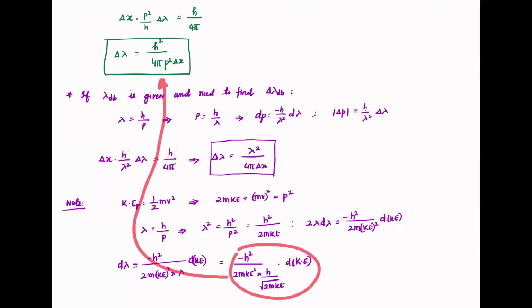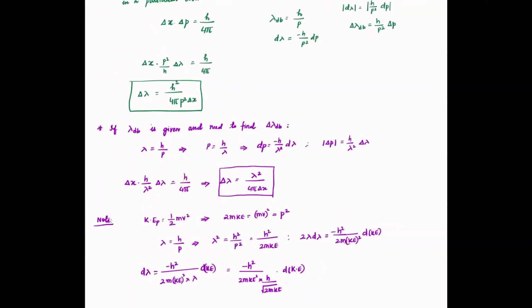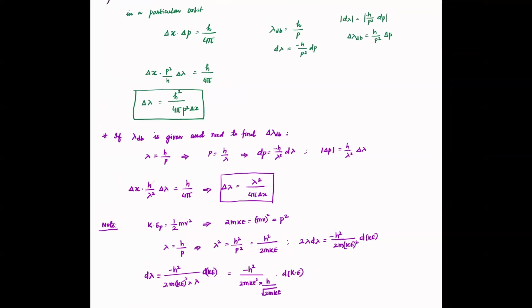This is the way we can play around with Heisenberg's uncertainty principle. Whatever data is given, whatever equation is being asked, you can always play around. I'm just giving a briefing of a few cases, how we can write it in terms of de Broglie's wavelength.